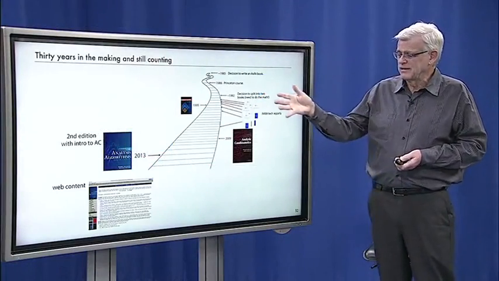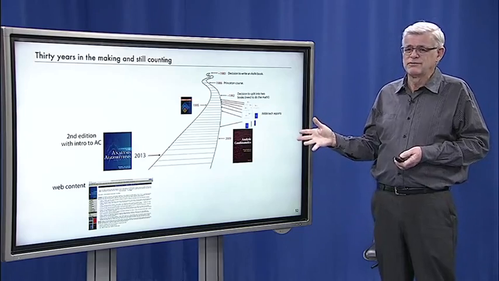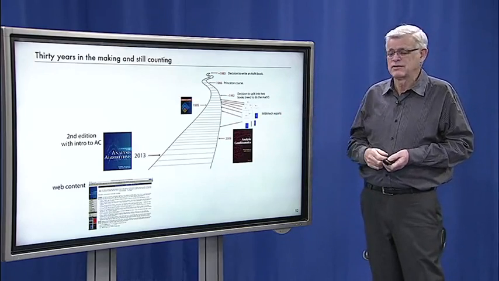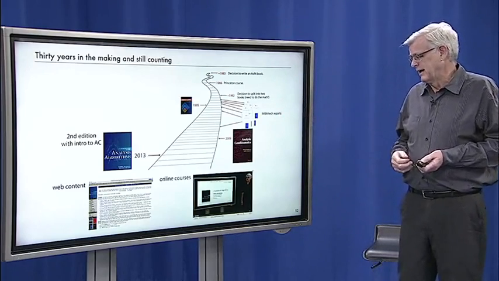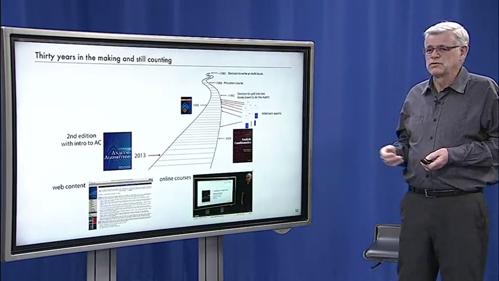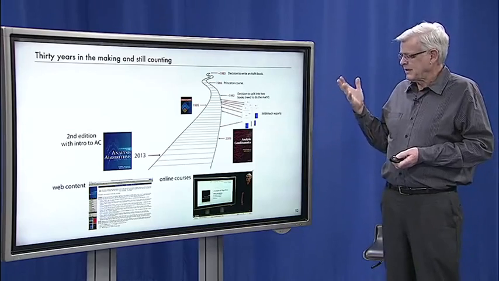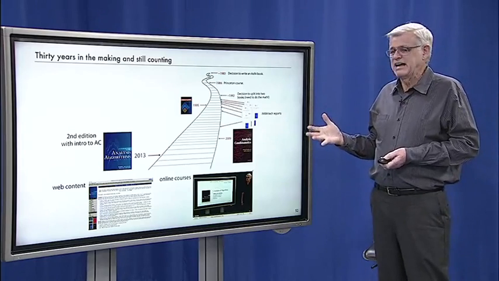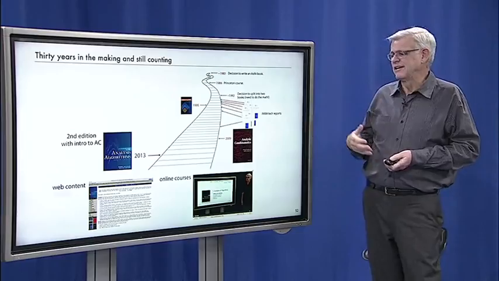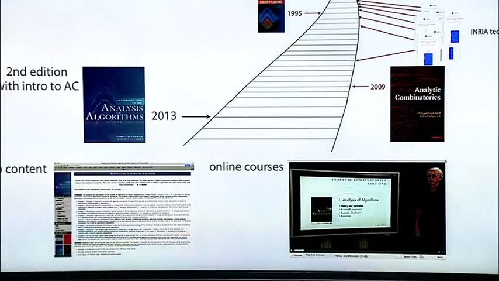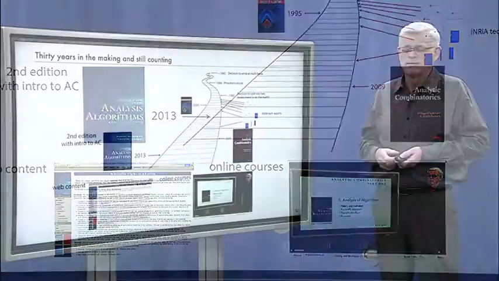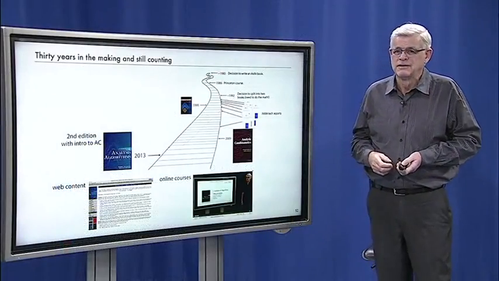And more than that, there's extensive web content in the process of development, and also online courses. So it's a very active and vibrant field, and if you want to learn more about analytic combinatorics, there are many ways to do so.